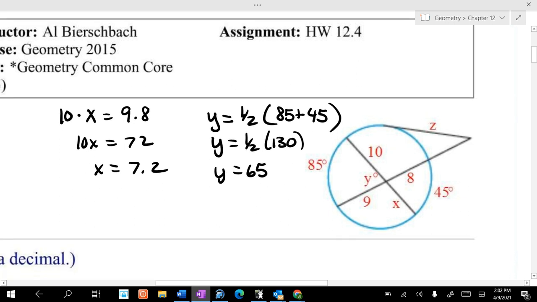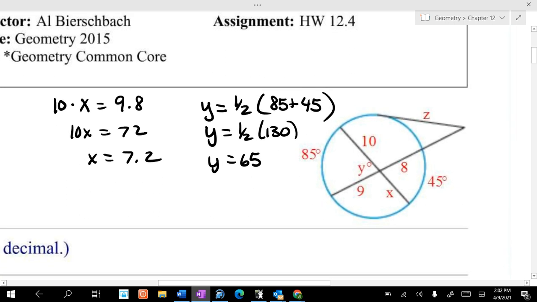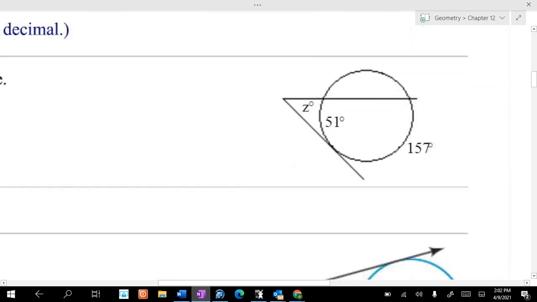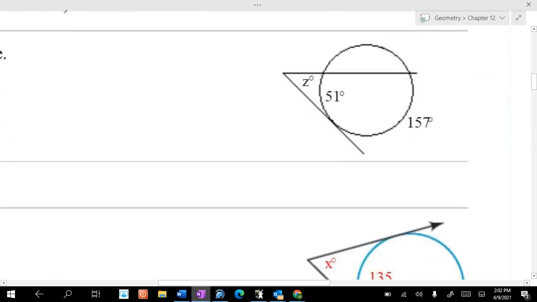Okay? How would I find, well, I don't need to find z, because that would be impossible to find anyway. There's not enough information. Okay, angles on the outside, so what do we do with the two arcs? 1/2 of the big minus the little.